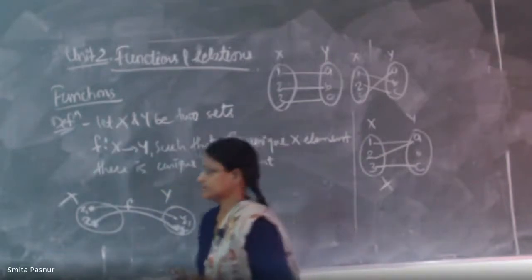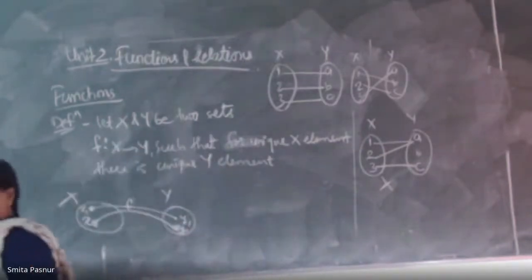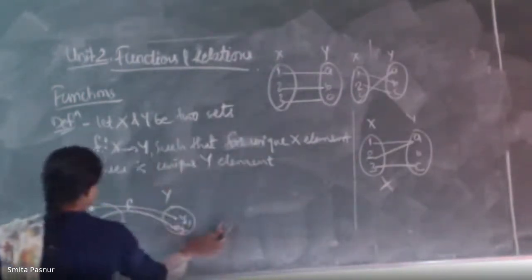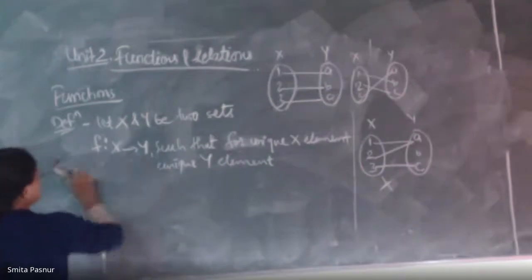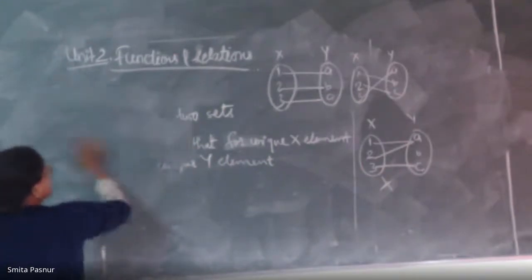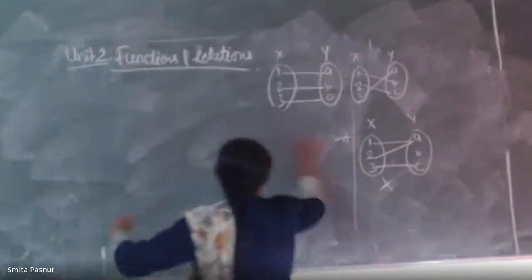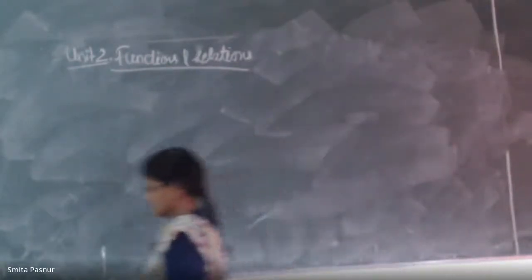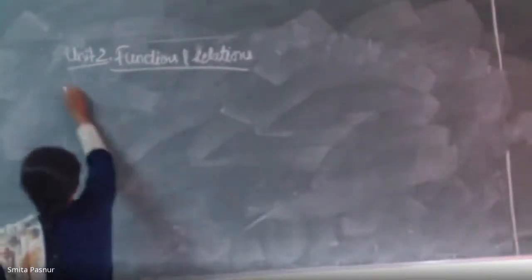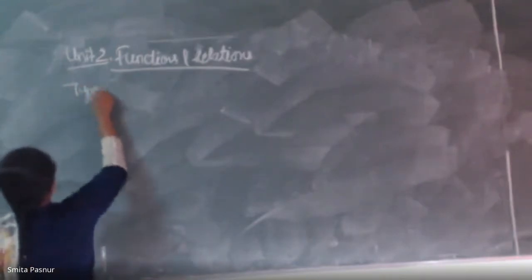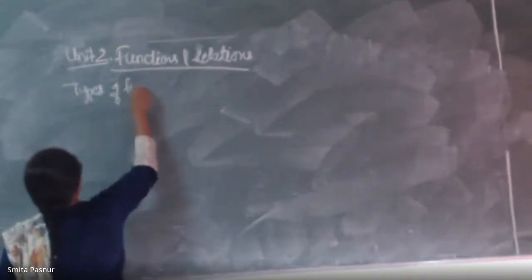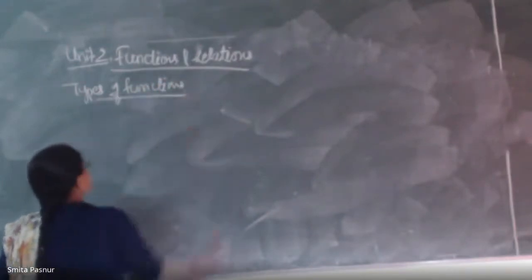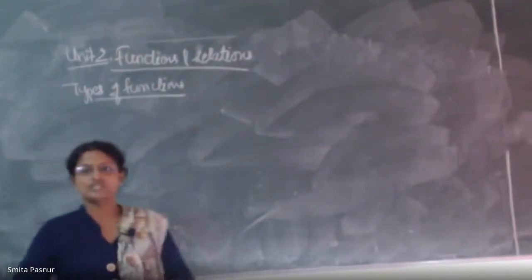Okay. Right. So this is the definition of a function. Now we will see the types of functions. In types of functions, we have three types.